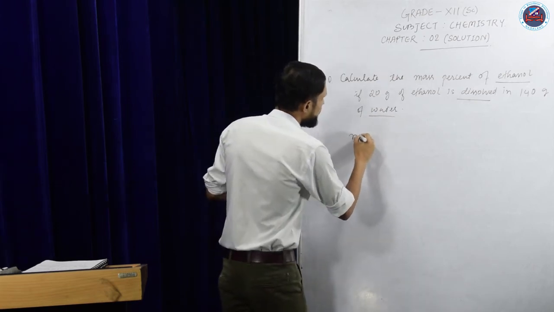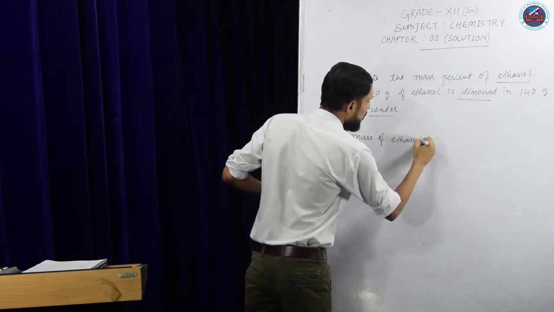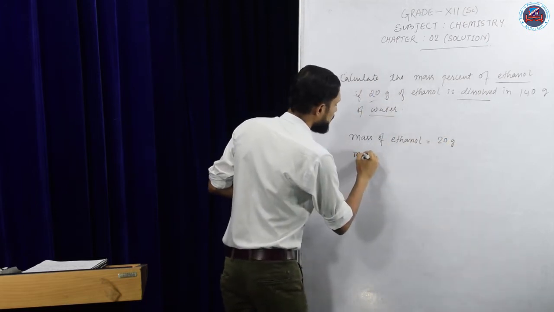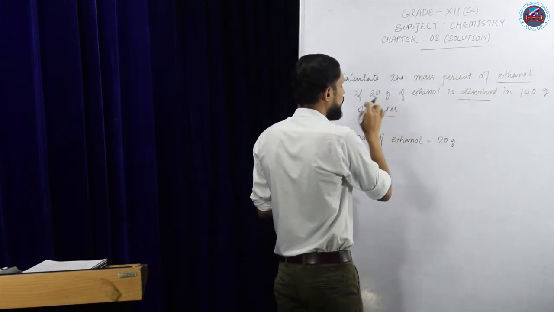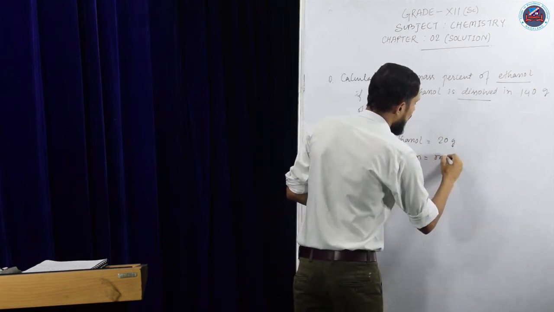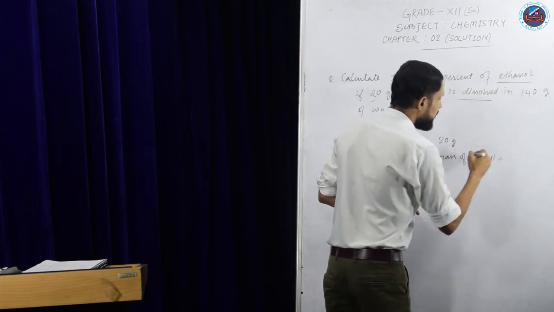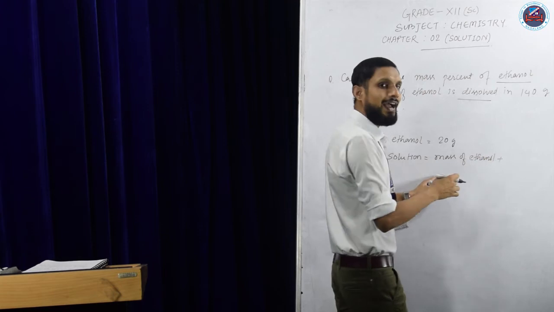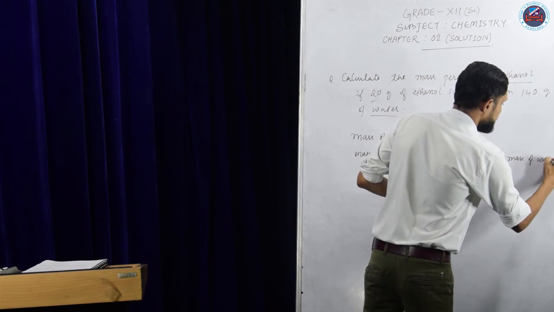So it's given mass of solute, that means mass of ethanol is equal to 20 gram. Mass of solution is mass of solute, that is mass of ethanol, plus mass of the solvent, that is mass of water.